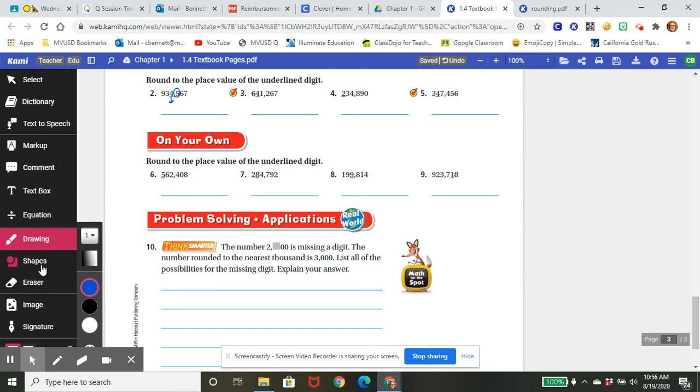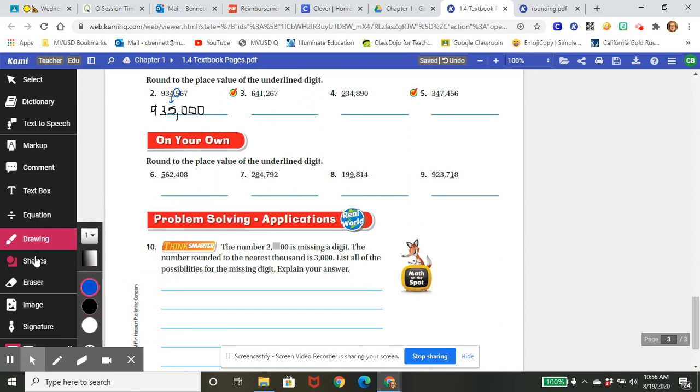So I'm going to change the 4 into a 5, okay? All the numbers on the right turn into 0, so the 5 turns into a 0, the 6 turns into a 0, into a 0, and all the numbers on the left stay the same. The 3 comes down, the 9 comes down. And I did it. Let me run through one more and try to do it quicker.